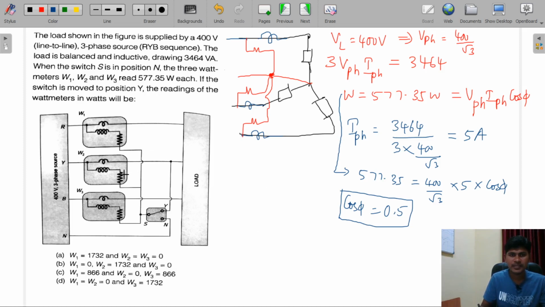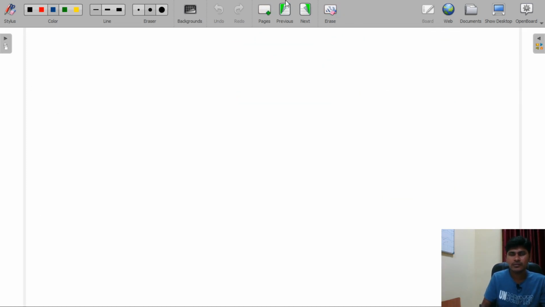Now what are the readings of the wattmeters when the switch is thrown to position Y? Then you're going to have this kind of arrangement.